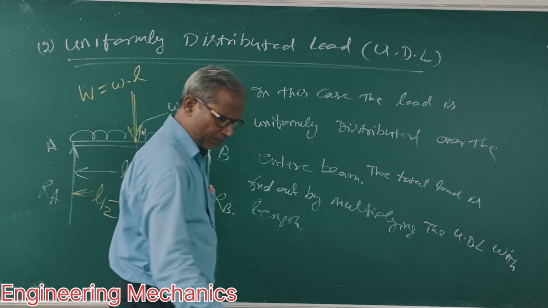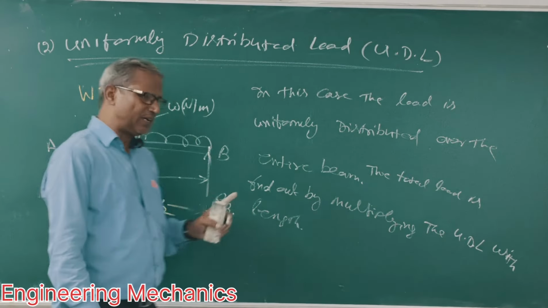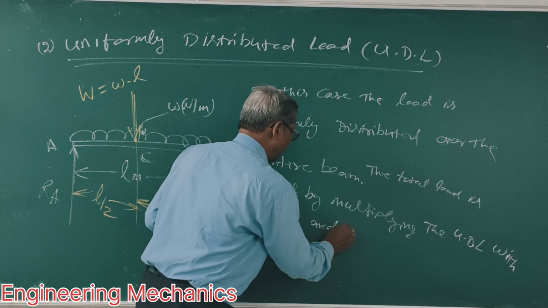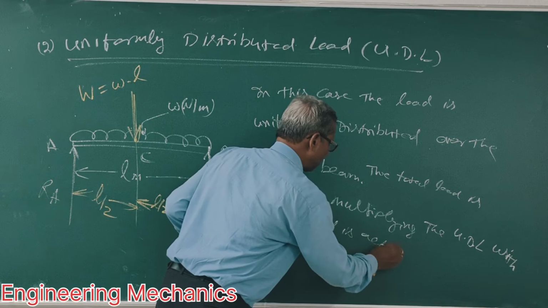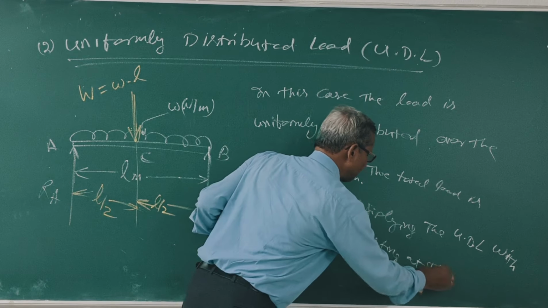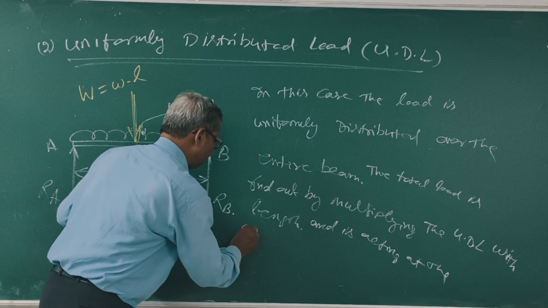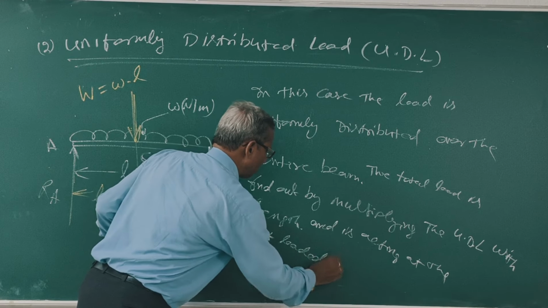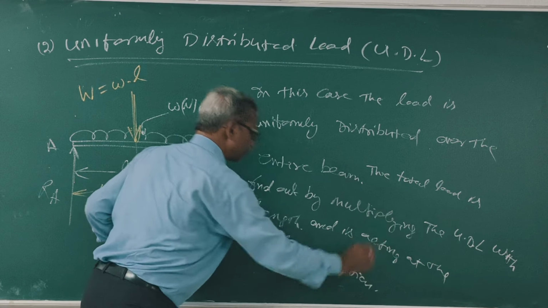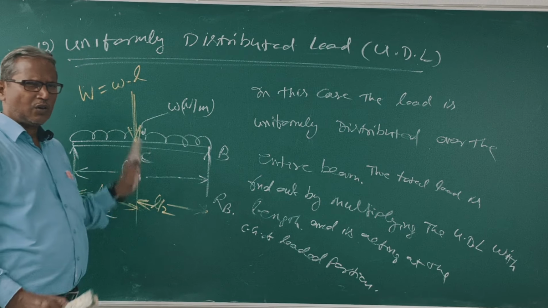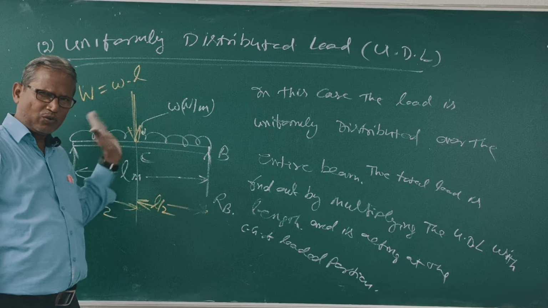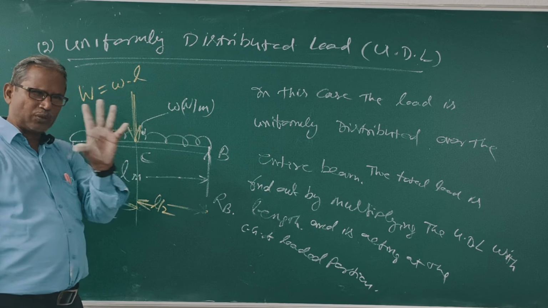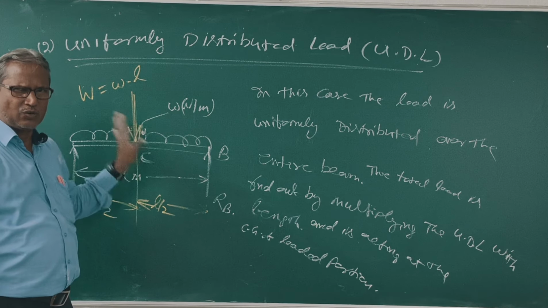And where is that load acting? At the CG of the loaded portion. Here, the loaded portion is L, its CG is L by 2. Total load w L. Now I will do some example to understand this theory. Clear?